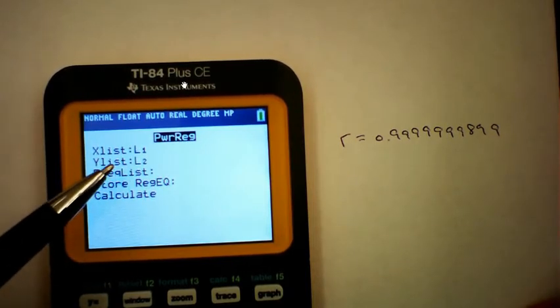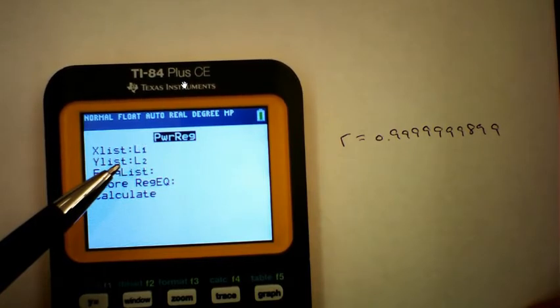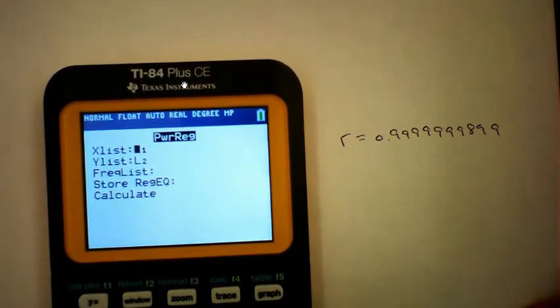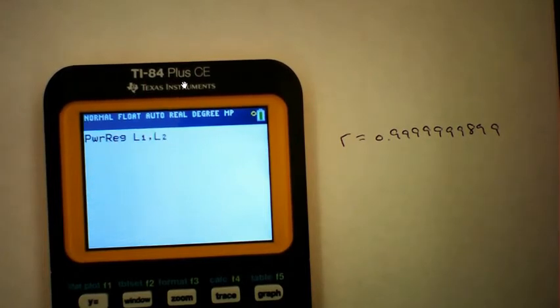You need to be working with the original data right here. So if you suspected something was going to be a power model where some kind of base was going to help you transform it on both axes, then you could always run a power regression and see how it works out. I don't need to start, say calculate.